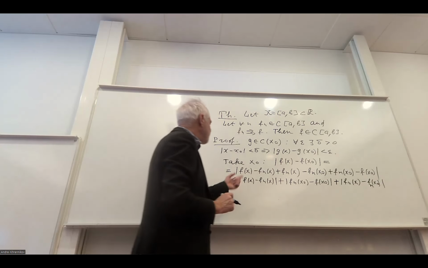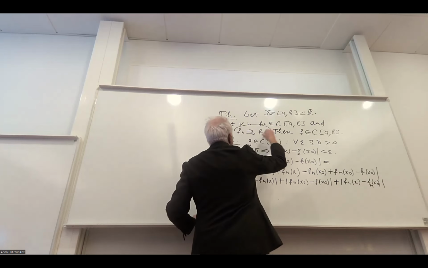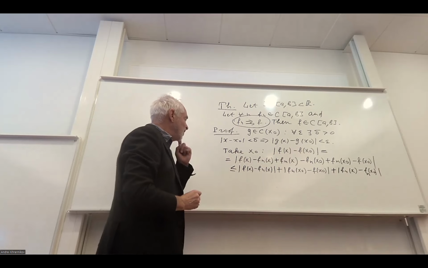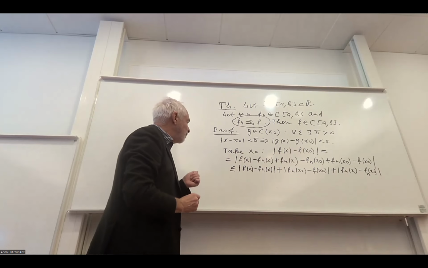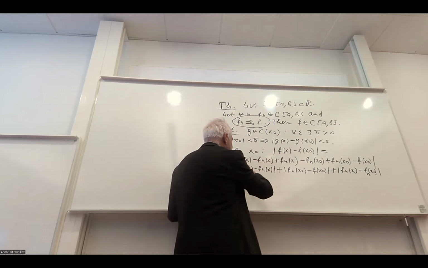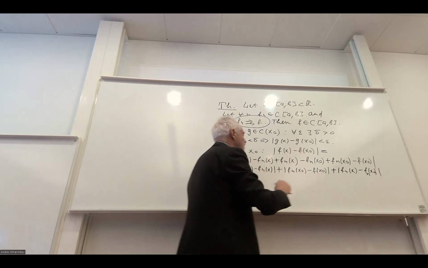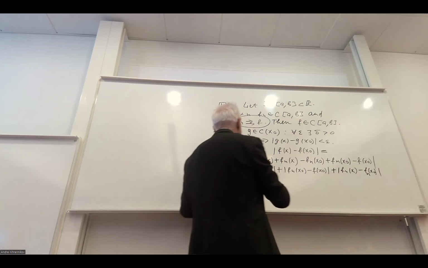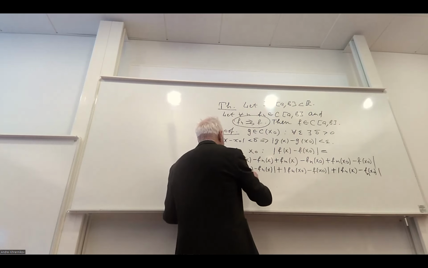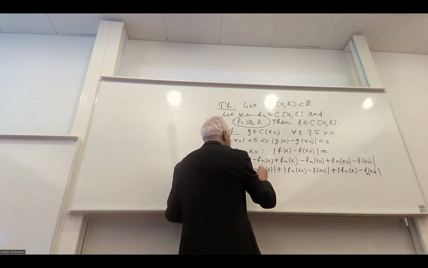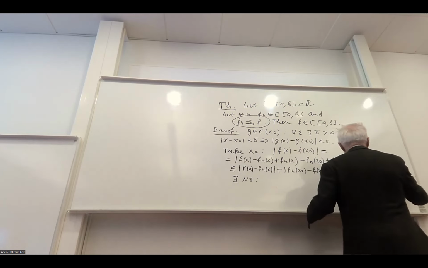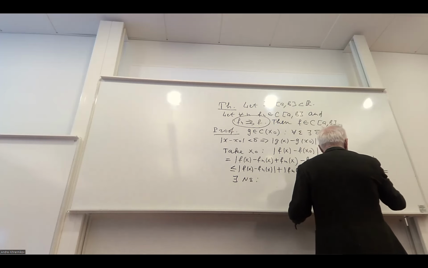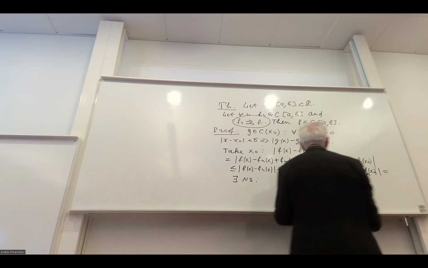Now, since they converge uniformly, for any epsilon, we can find such a number that this would be less than epsilon for any n, and this would be less than epsilon for any n. Let us denote them e1 plus e2 plus e3.